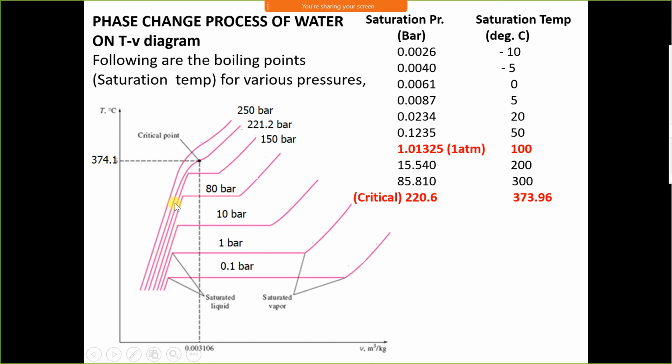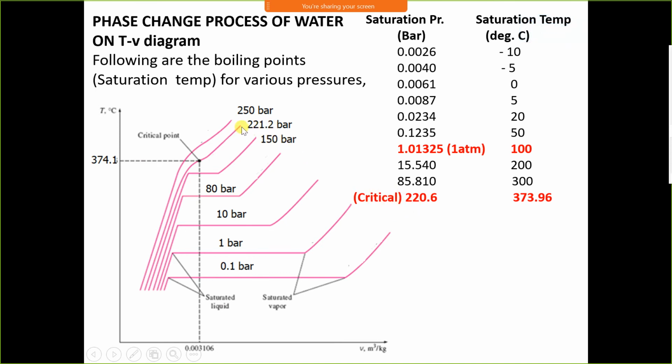Sensible heat is increasing, latent heat is decreasing. Again, if we increase pressure to 150 bar, latent heat decreases. Now again pressure increases to 221.2 bar. Look here, I am talking about critical pressure.